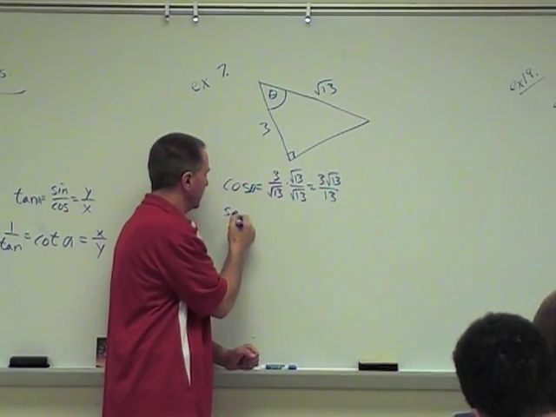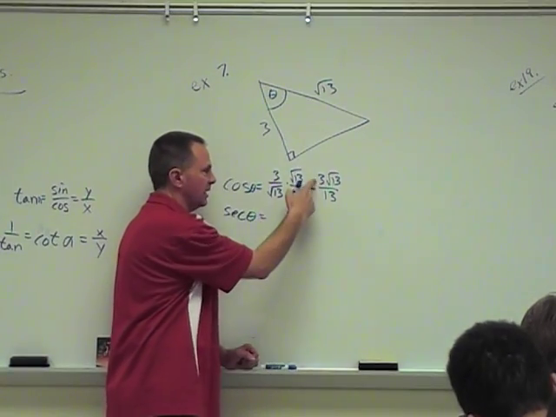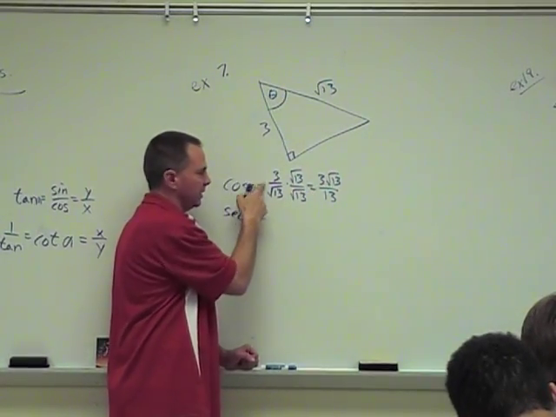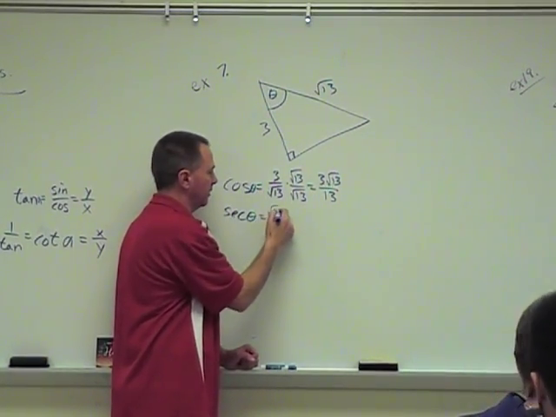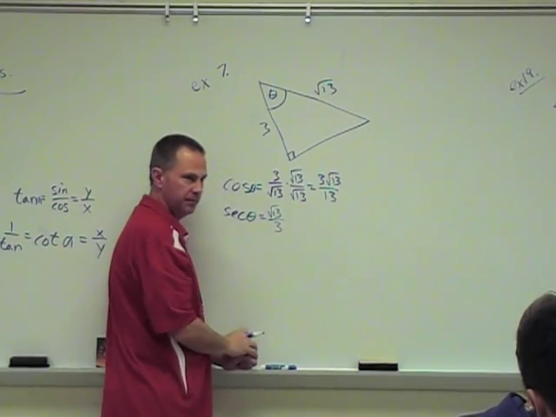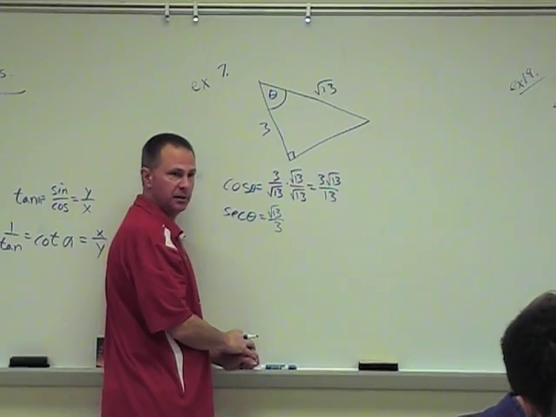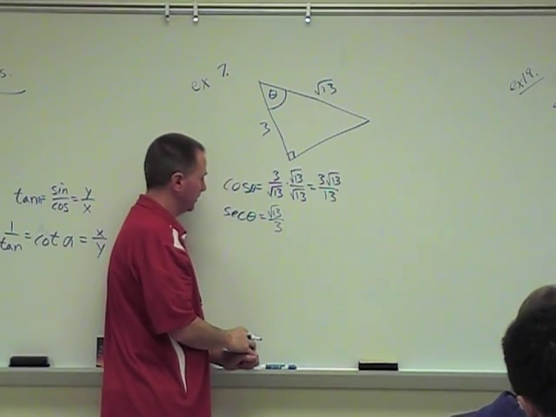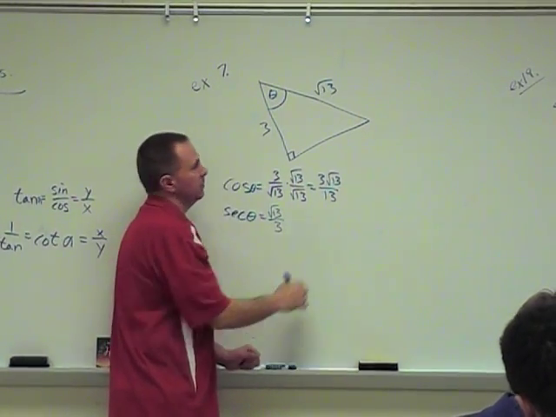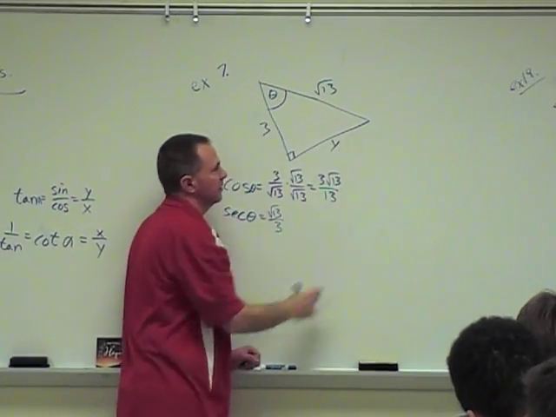Secant. So quickly, secant of theta. Instead of taking the reciprocal of that answer, why don't we just take the reciprocal of this, and we have the radical on top of it. It goes pretty quickly after you find the third value. Well, we're done at this point unless you can tell me what this is.